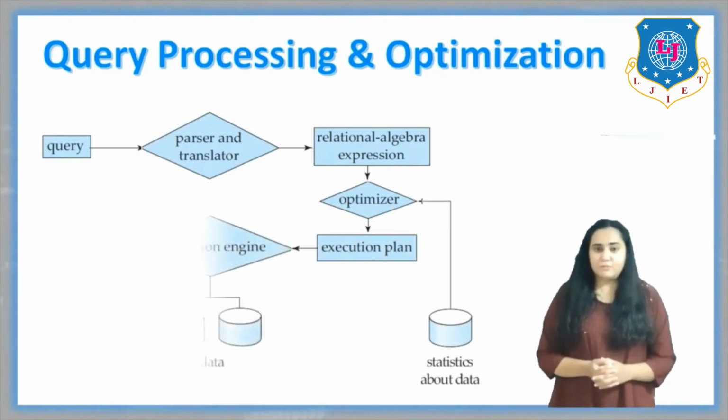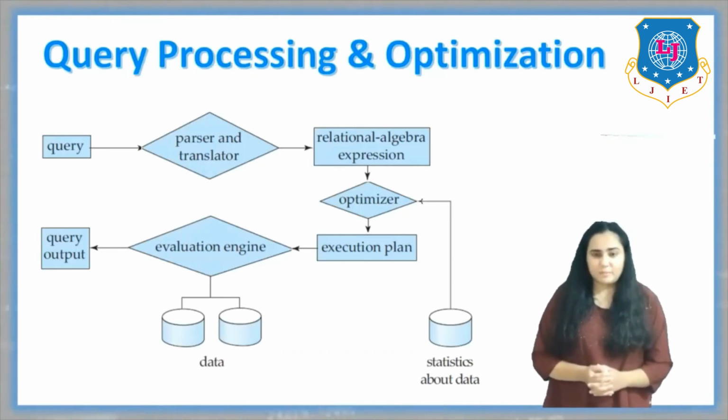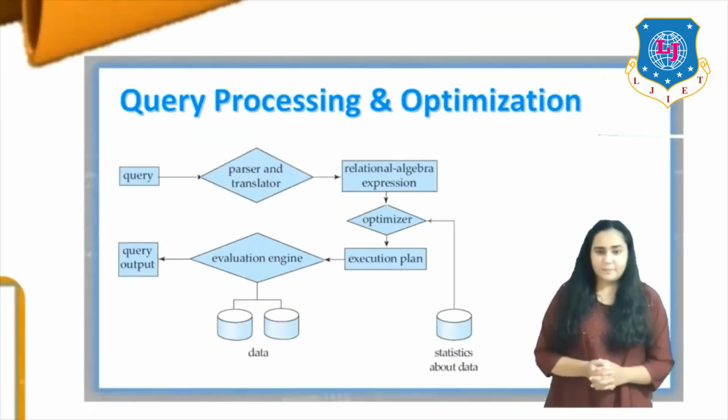This execution plan is then evaluated and implemented by the evaluation engine, which fetches data from the database and produces the required output. So the next time you go to Amazon to search for a cool new gadget, you'll realize what's going on behind the scenes in the Amazon database. Fascinating, isn't it?